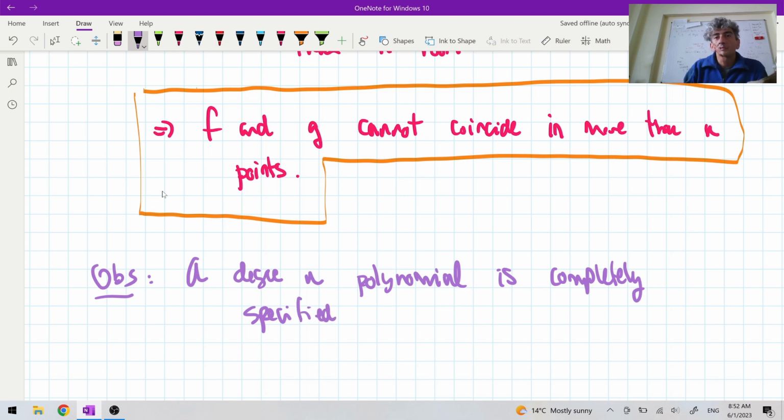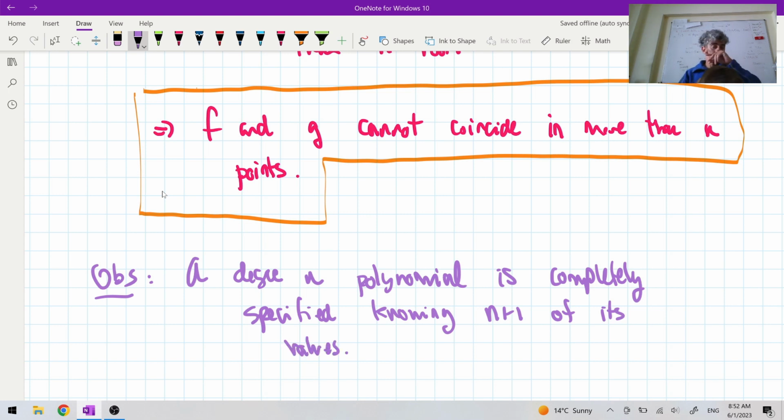A degree n polynomial is completely specified knowing n+1 of its values.